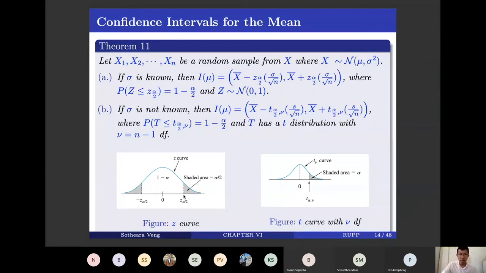The corresponding critical value we denote by z alpha or z alpha over 2. Similarly, for the t distribution, the critical value we denote by t alpha. Alpha here means the same as the significance level, but for t you have to index it by two values, the significance level alpha and nu, which is the degree of freedom.